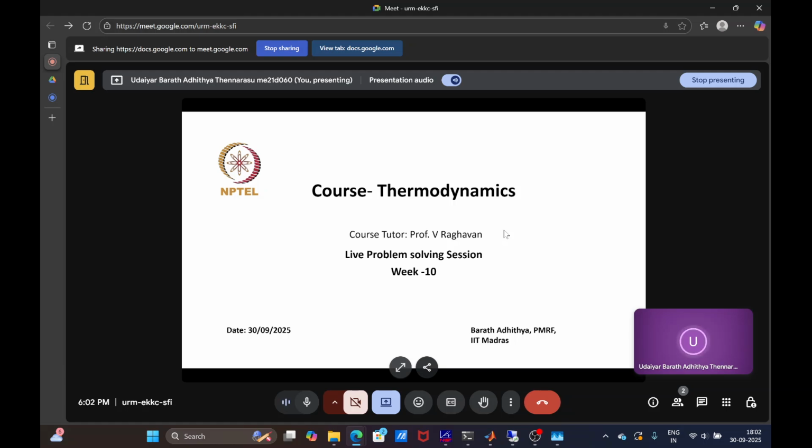You can apply an entropy balance as well to a system or a process, and we will look at some examples of how to apply an entropy balance to a process and estimate the entropy generated.